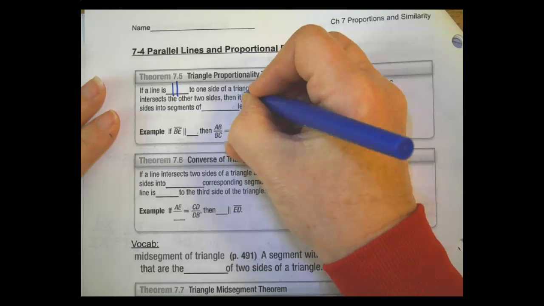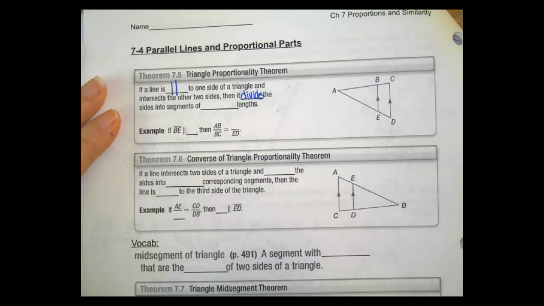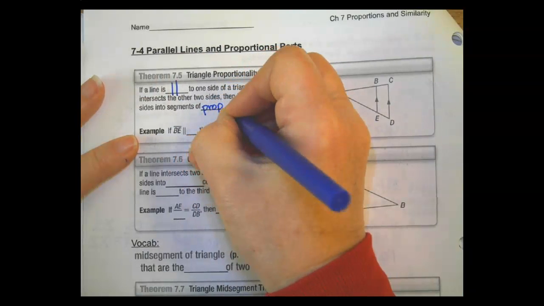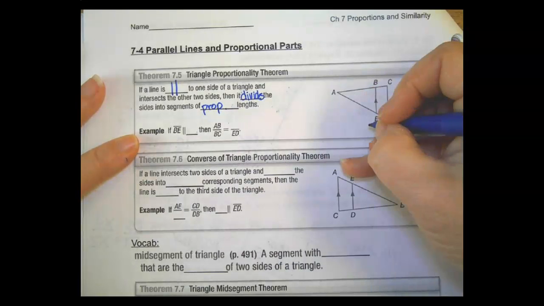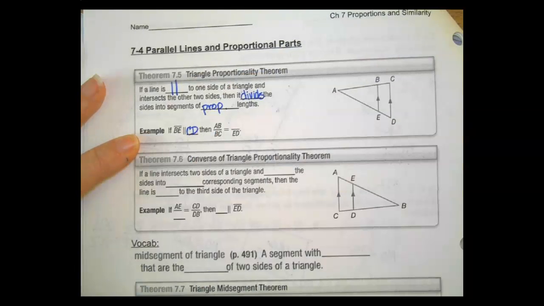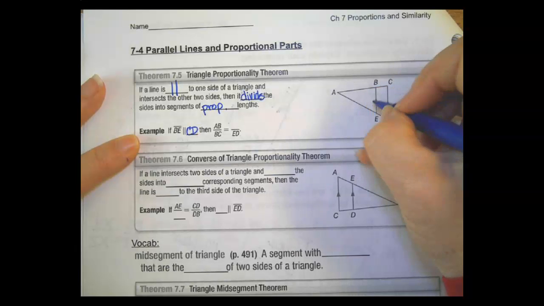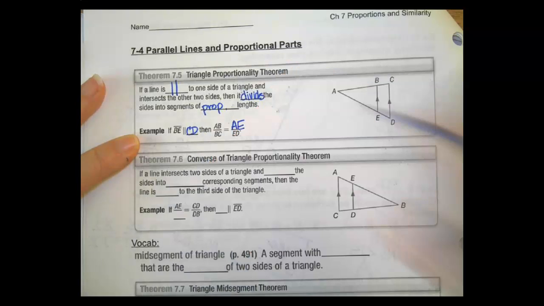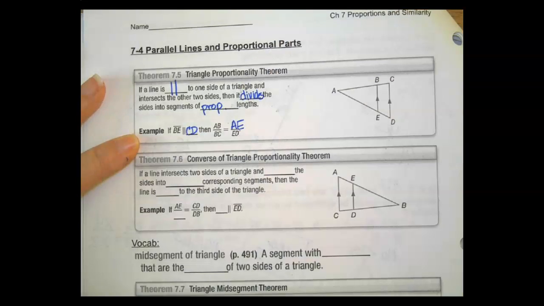So if BE is parallel to CD, then AB to BC goes with AE to ED. Then they would be proportional, cross multiply, and they would be equal.